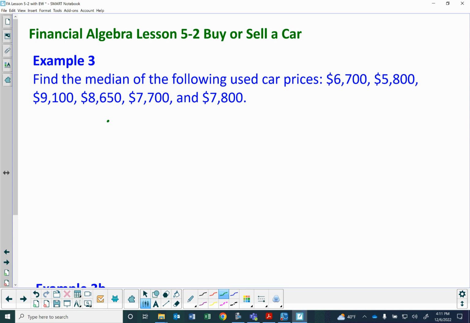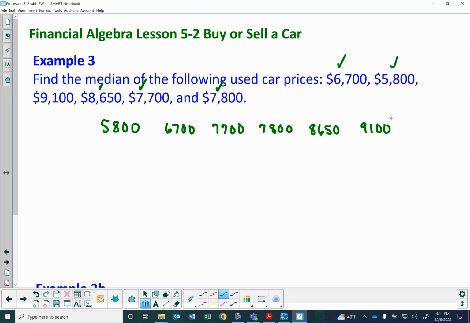If we put them in order, it's 5,800, then 6,700, then 7,700, then 7,800, then 8,650, and last but not least, 9,100.